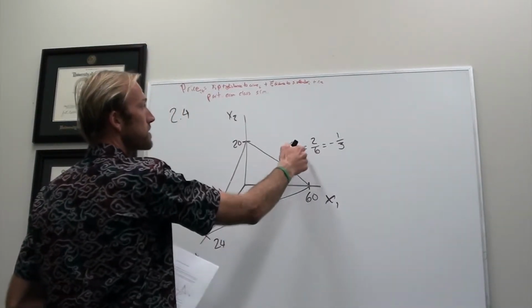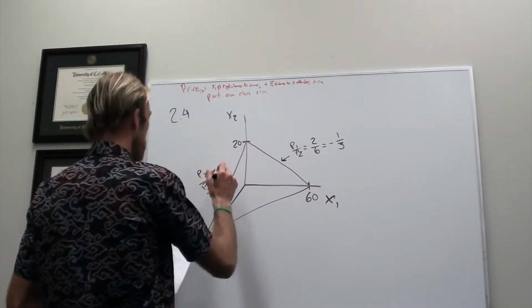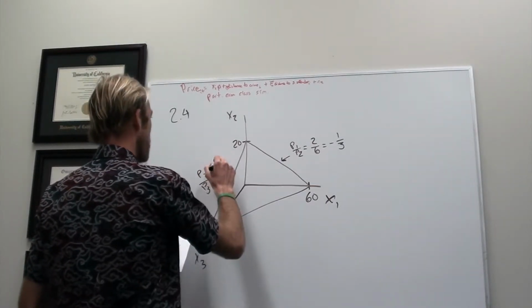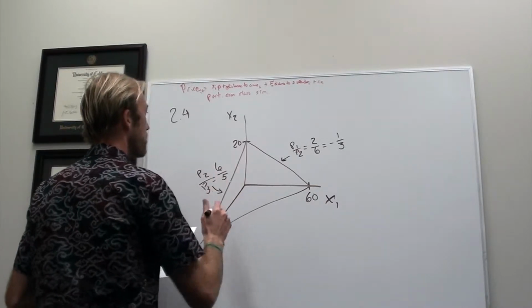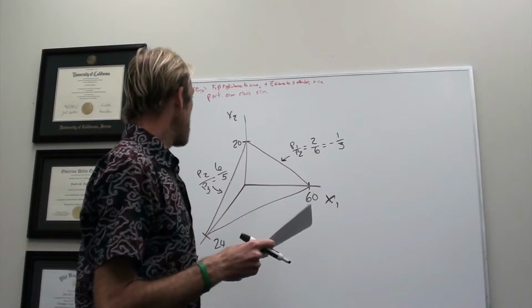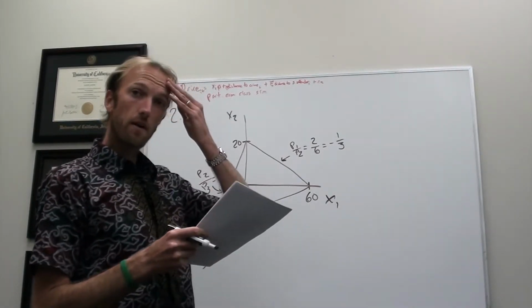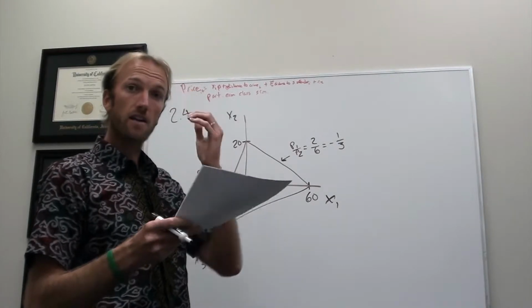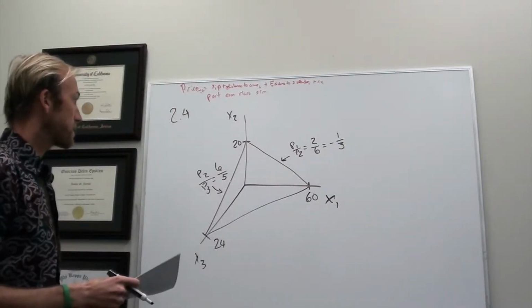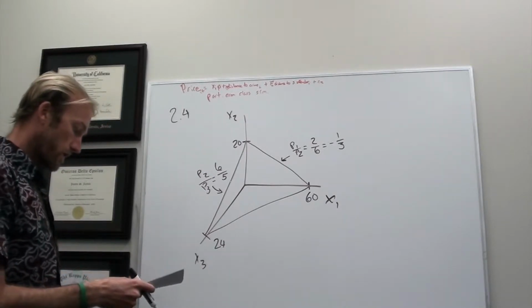In the same way this is p1 over p2, this is p2 over p3, which is equal to 6/5. So the opportunity cost is 6/5. That means in order to get one more x2, I have to give up 6/5 of an x3. So that's where I'm at as far as the opportunity costs.